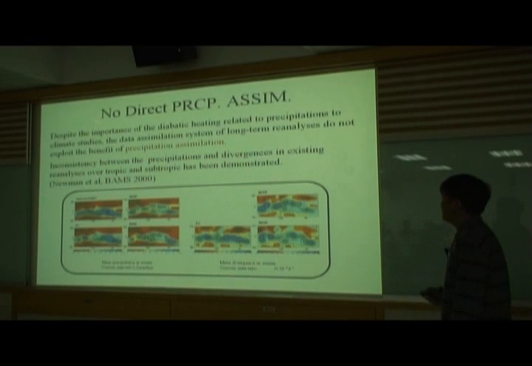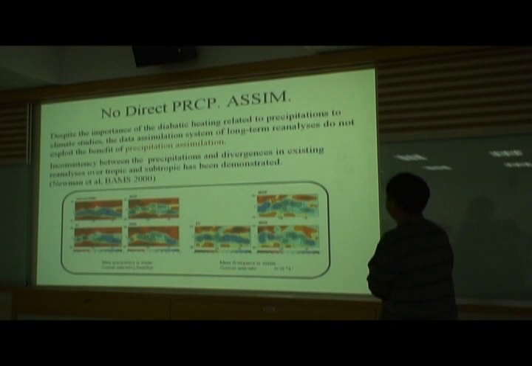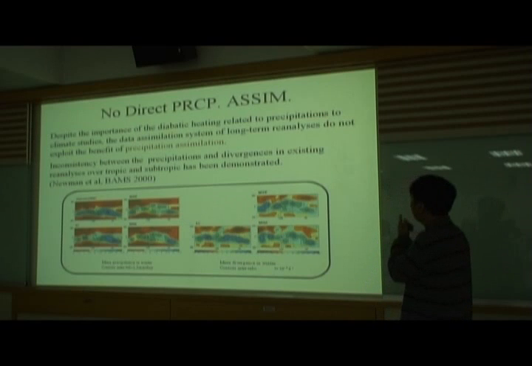Despite the importance of the direct heating related to precipitation to climate studies, the data assimilation systems of long-term reanalyses do not exploit the benefit of precipitation assimilation, as I mentioned. Inconsistency between the precipitation and divergence in existing analyses over the tropics and subtropics has been demonstrated by Newman et al.